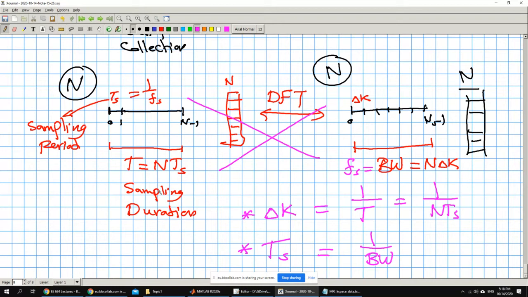This is extremely important because if you don't use sufficient sampling frequency Fs, you will end up having aliasing. Let me show it to you. Let's go with the examples first and then come back to this point.